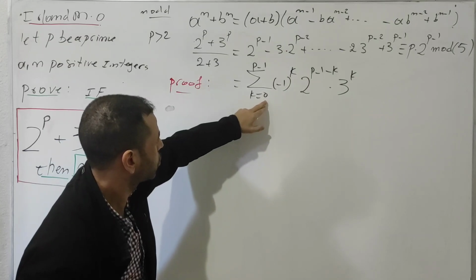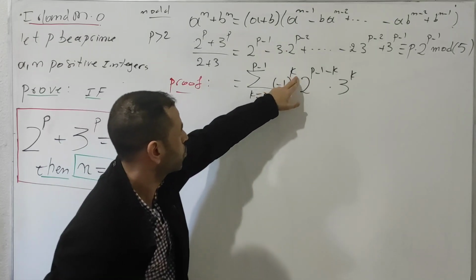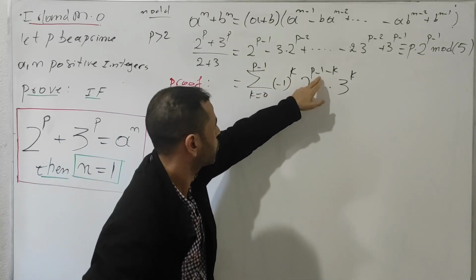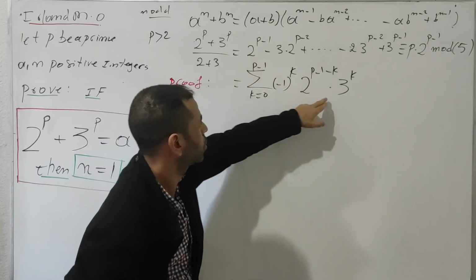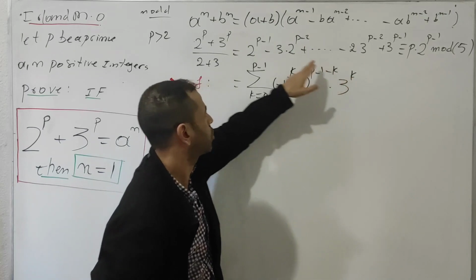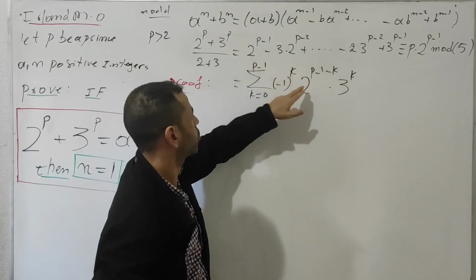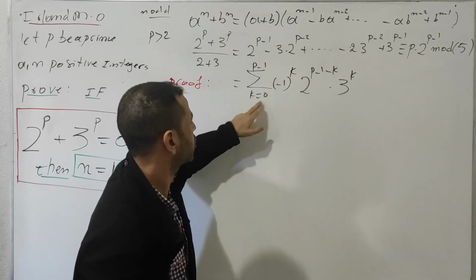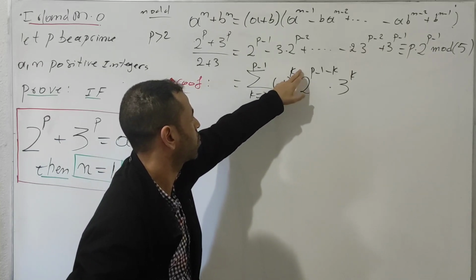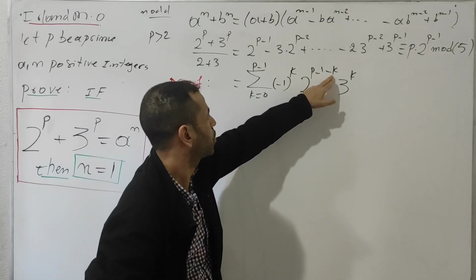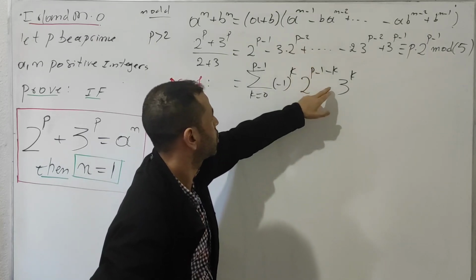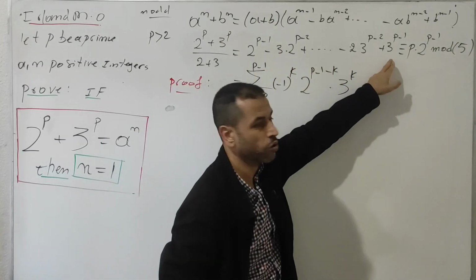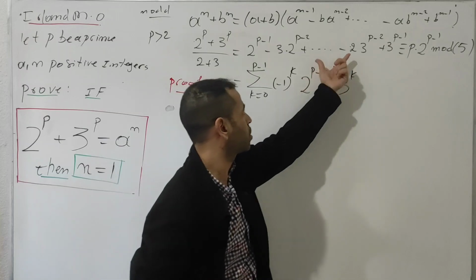If you replace k with 0, we get minus 1 to the 0, which is 1, and you get the first term 2 to the p minus 1, multiplied by 3 to the 0, which is 1, as the first term. The second term will have a minus sign because k is odd, since we're taking k equals 1. This takes minus 1, and the exponent becomes p minus 2 here, and 3 to the 1 becomes this one. And so on and so forth until you get the last term. So this is exactly the same as the previous expression.